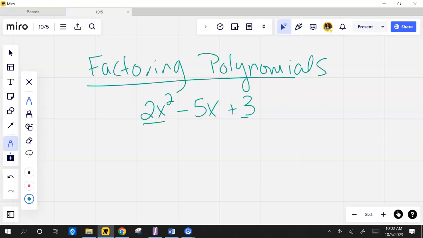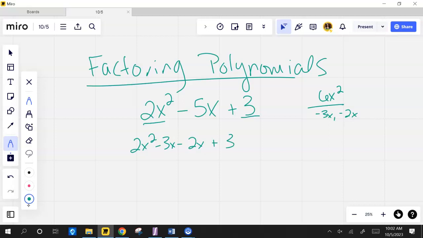So it's what multiplies to 6x squared, but adds to negative 5x. So what are the two terms? Negative 3x and negative 2x. And so then I'd throw those two in here, and I'd have 2x squared minus 3x minus 2x plus 3.